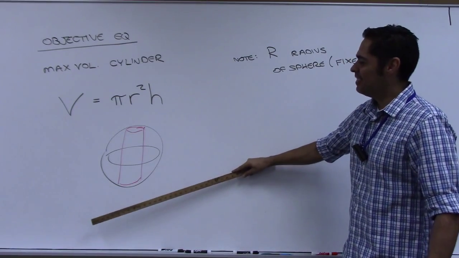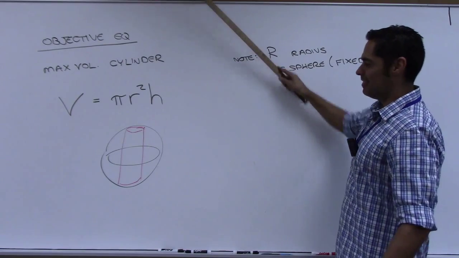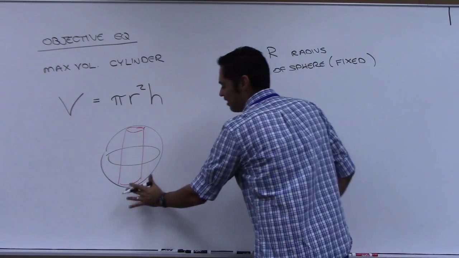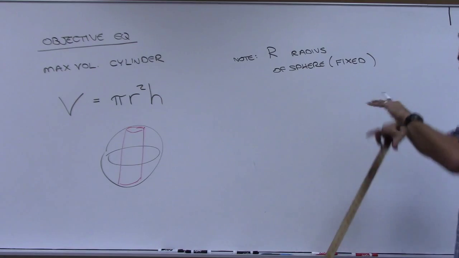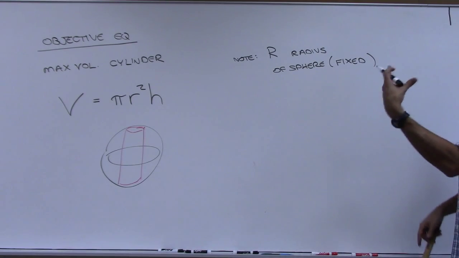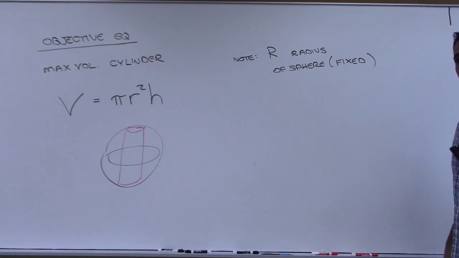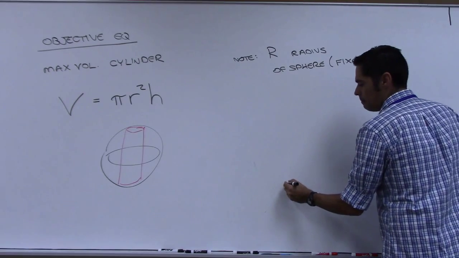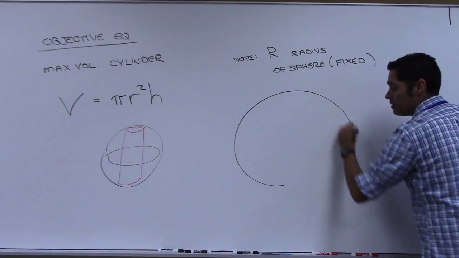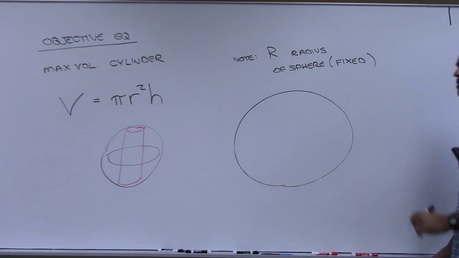So you cut it right down the center, and then you peel it open, and you throw one half away, and you're looking at the cross-section. What does that cross-section look like? It's a rectangle inside of a circle.